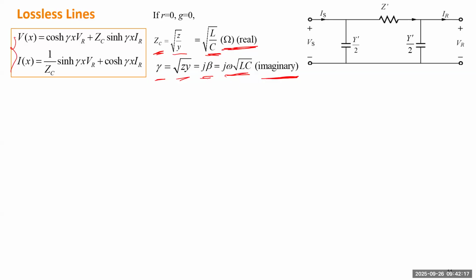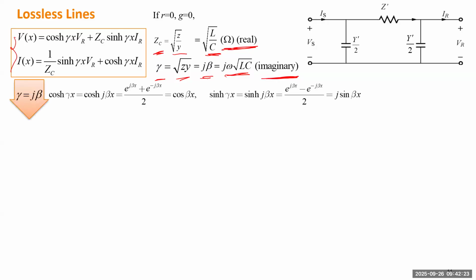So let's plug in ZC and gamma. You see, for the cosh gamma x, it will be replaced by cosh j beta x.